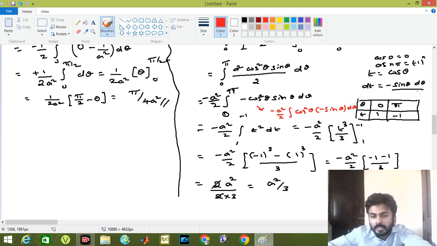Minus sin theta d theta is dt. So after that we are having this step. Minus a square by integral cos square theta means t square. So you have to use the correct way of substitution, then only you can solve the problem.